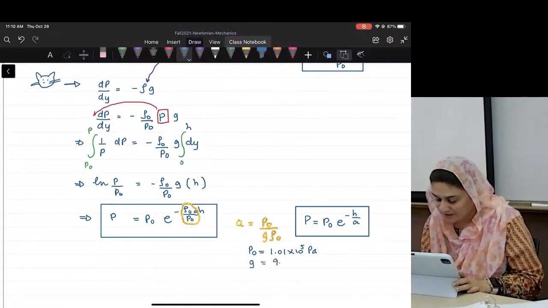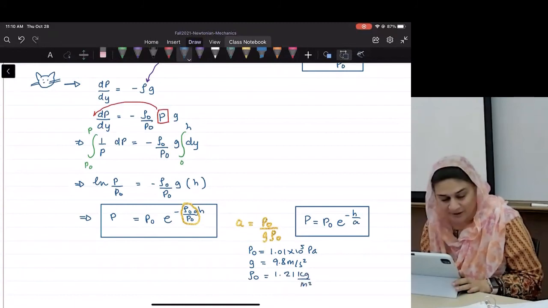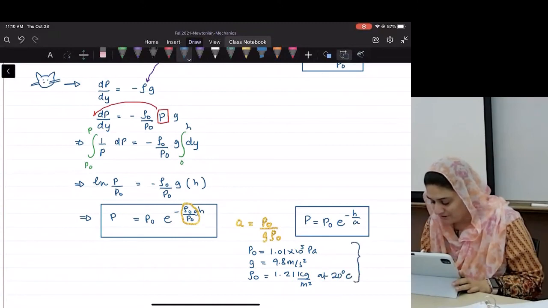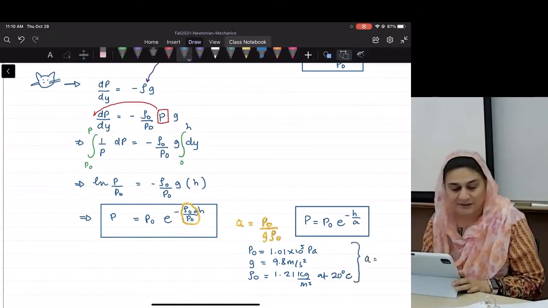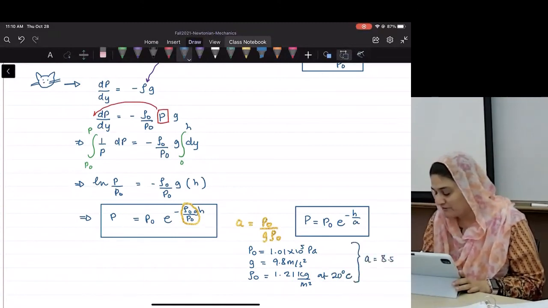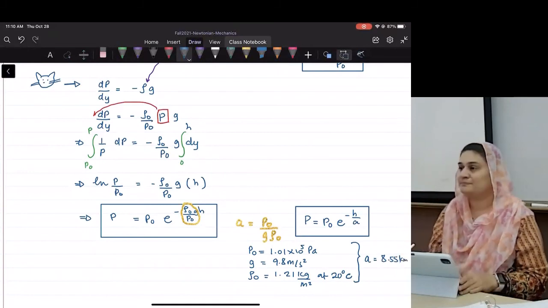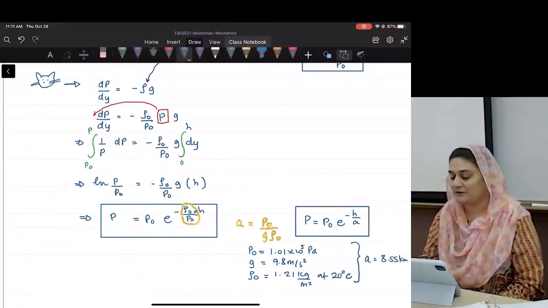G is always 9.8 meters per second squared. And rho 0 is 1.21 kilograms per meter cubed at 20 degrees Celsius. So plug all of these values in. A is calculated to be 8.55 kilometers. You don't have to recalculate it over and over again.